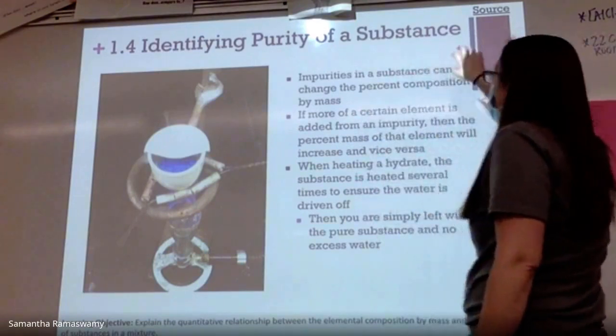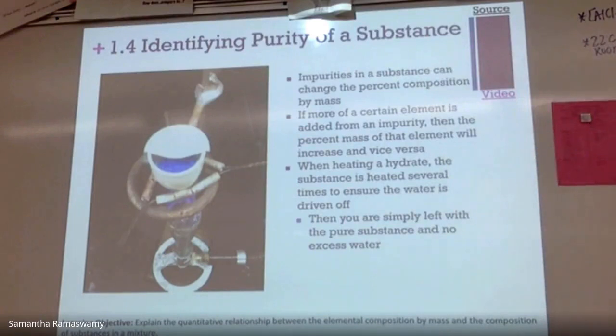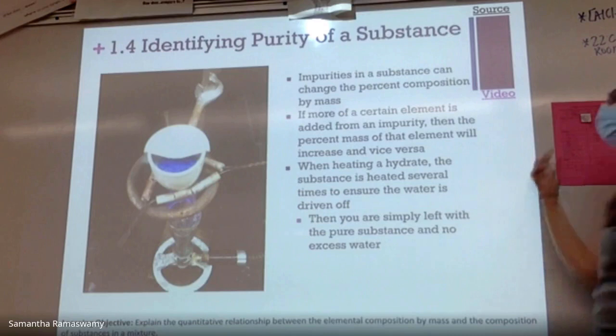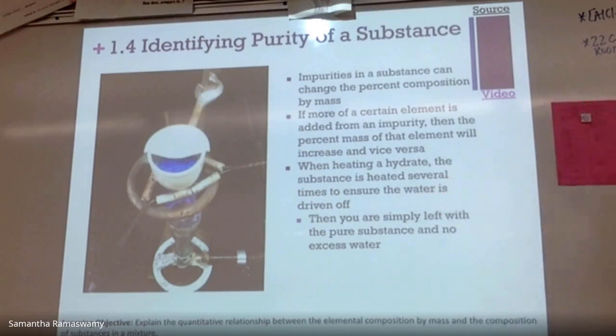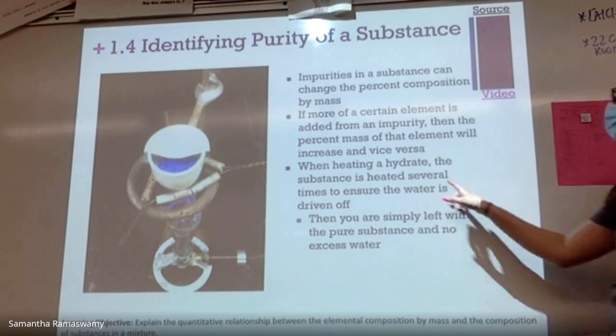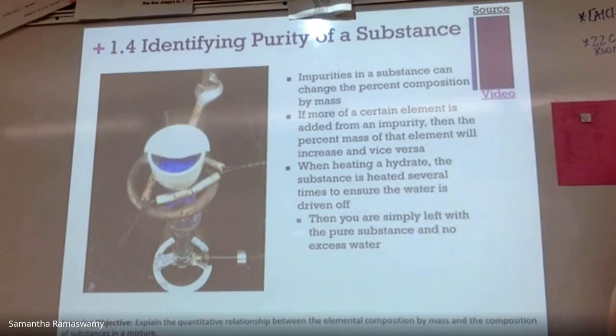We have impurities a lot of times when we're in lab, some impurity that changes the percent by mass. Let's say that we have water in a substance. You can heat something up to get rid of the water. So we have what are called hydrates. Hydrates are substances that have water attached.